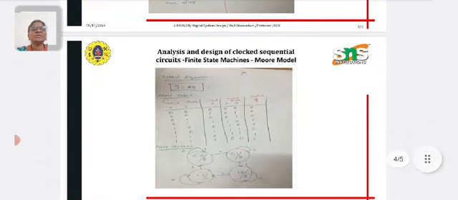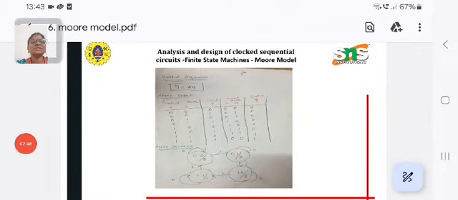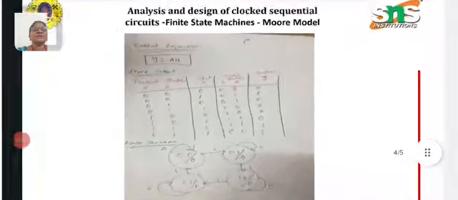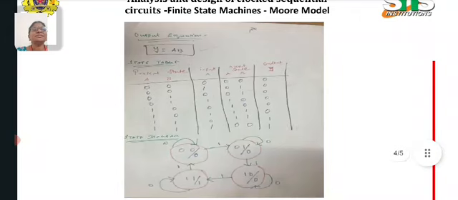Now coming back to the circuit analysis of the Moore circuit, as in the first slide we had a circuit. For the same circuit, I have written a truth table which represents the present state, input, next state and output.